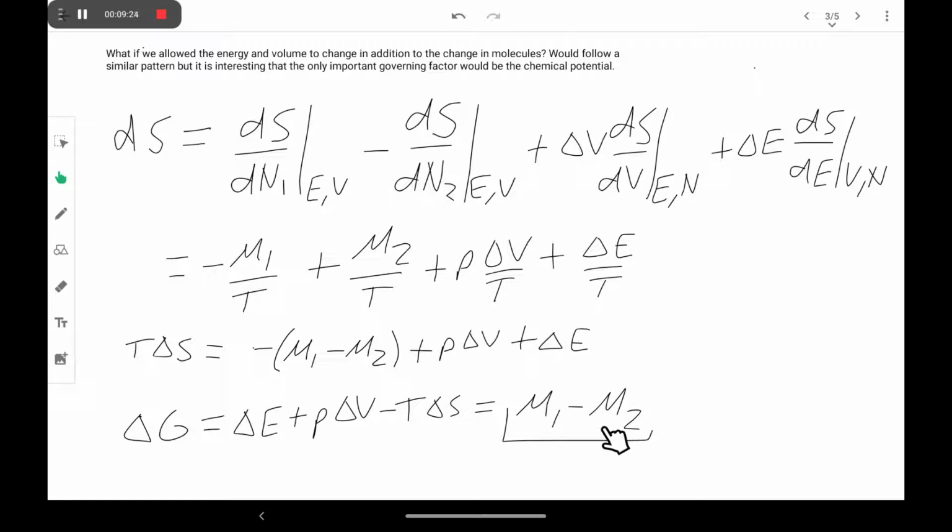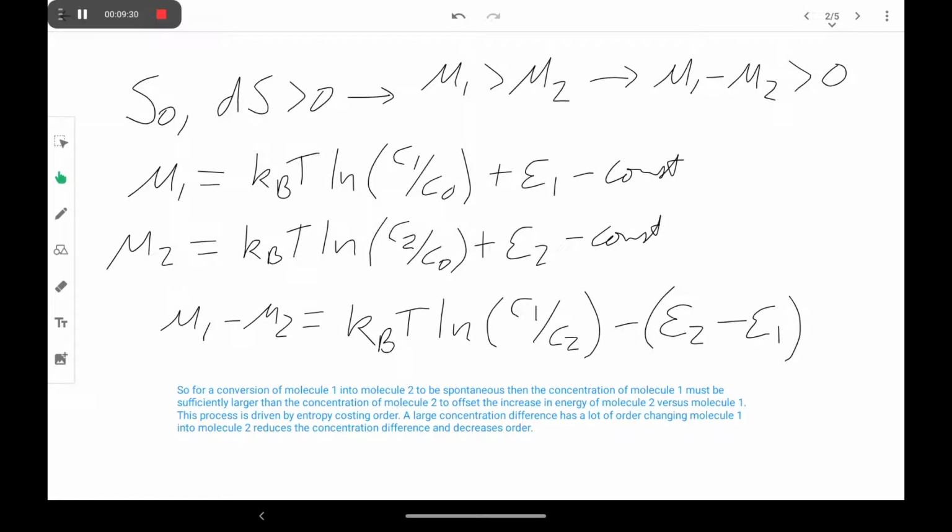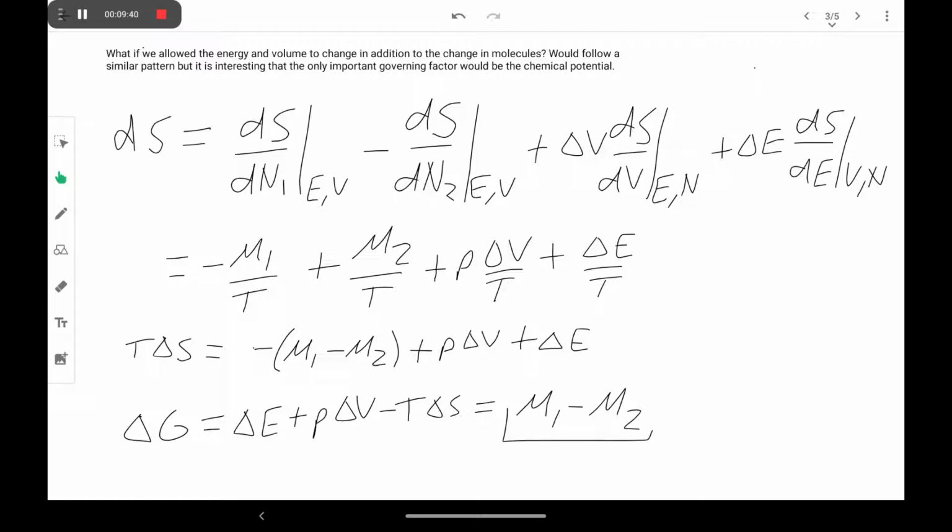Now, I will point out in this case, here we have mu1 minus mu2. In our previous example, we had 1 being converted into 2. So 1 was a product and 2 was a reactant. But the values here were switched a bit. So this was a +1 here and a -1 here.